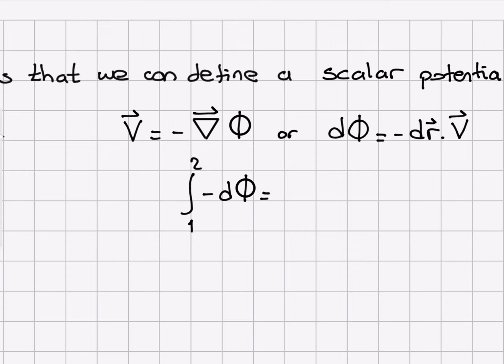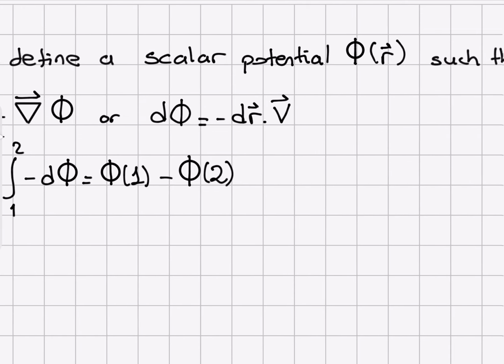This is going to imply it's the value of phi evaluated at point 1 minus the value of the scalar evaluated at point 2. So that is to say, it only depends on the endpoints.